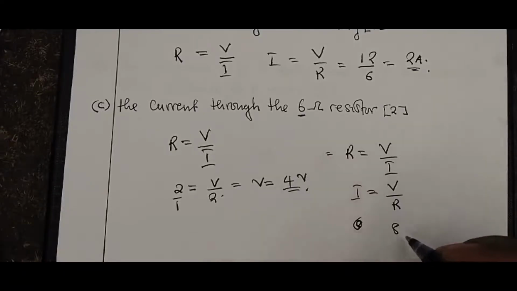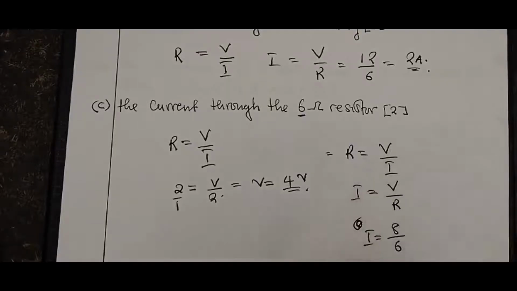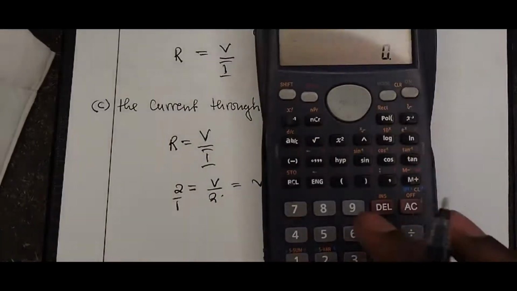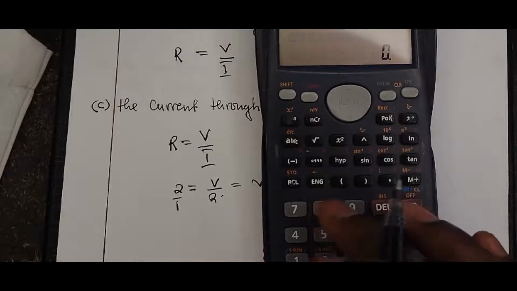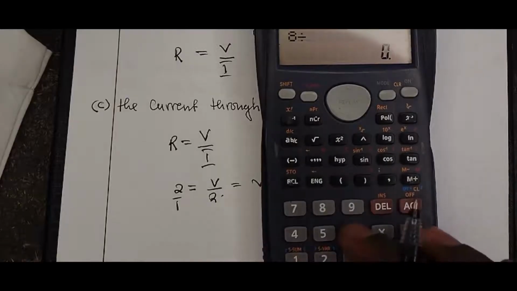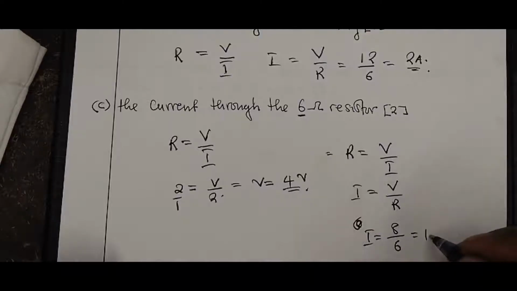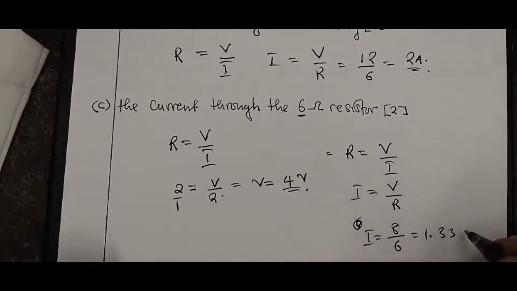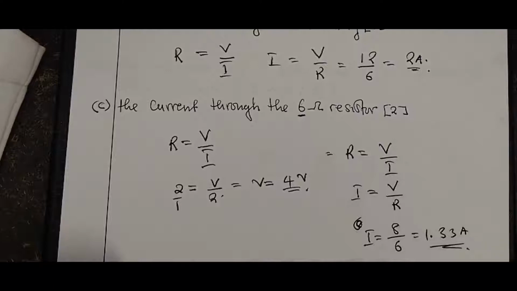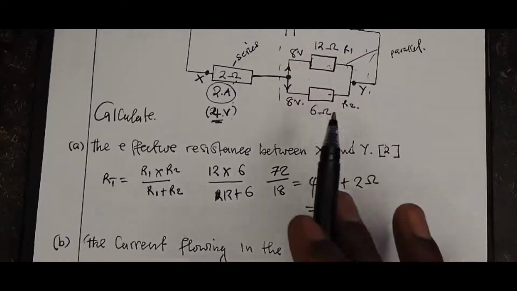The voltage is 8, then the resistor is 6. Okay, and therefore the current, we are going to divide 8 by 6, giving us 1.33 amp as our current passing through the 6 ohms resistor.